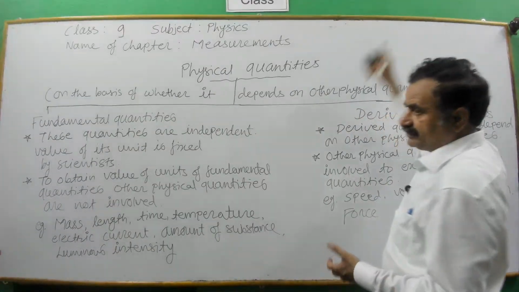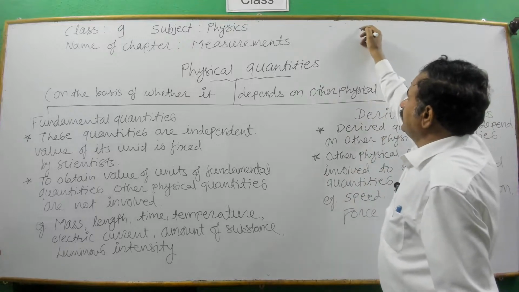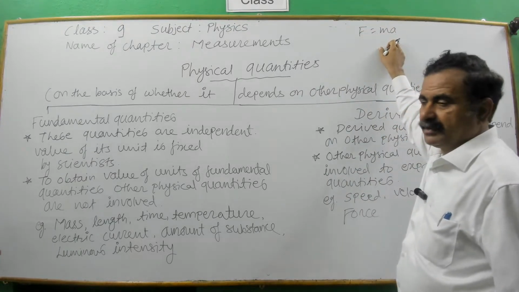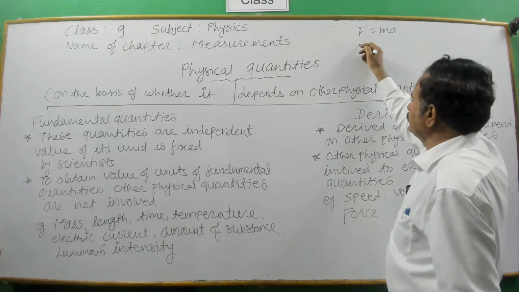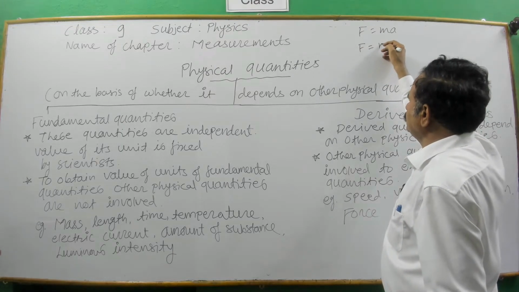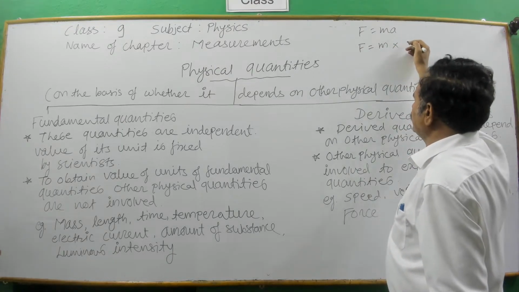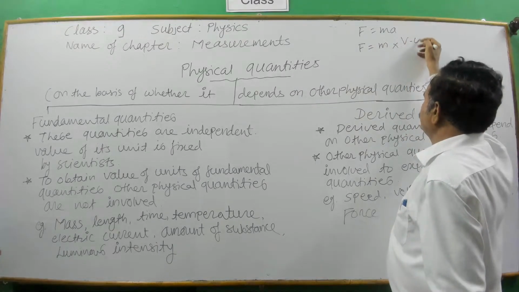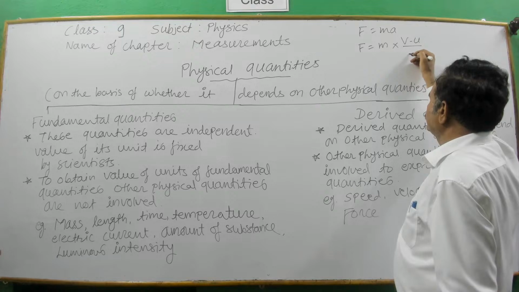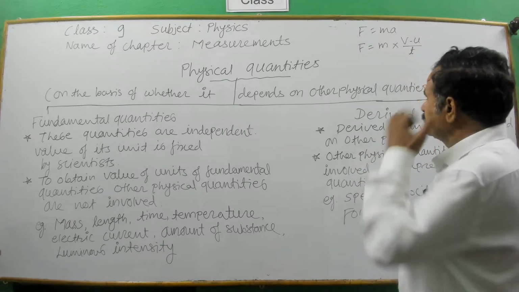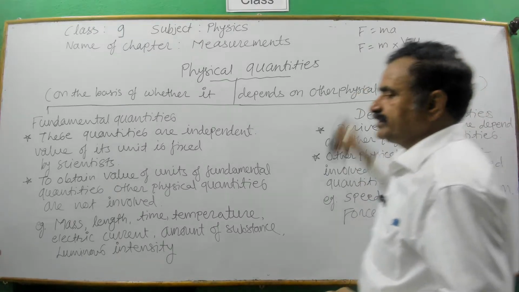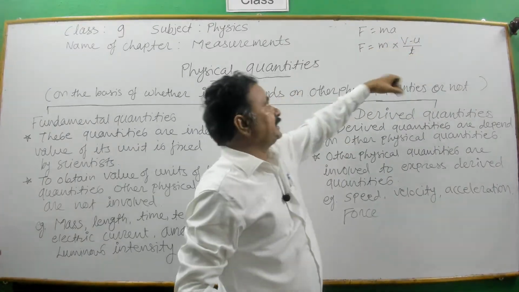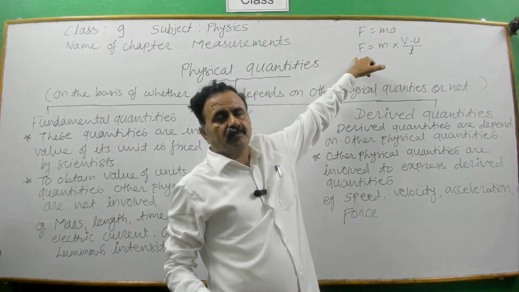By doing calculation. For example, F is equal to ma, mass into acceleration. What is the formula of acceleration? Final velocity minus initial velocity divided by time taken. When we do the calculation between these physical quantities, then we get the value of force.